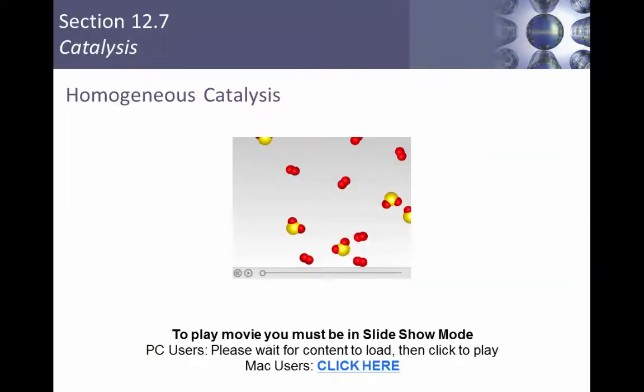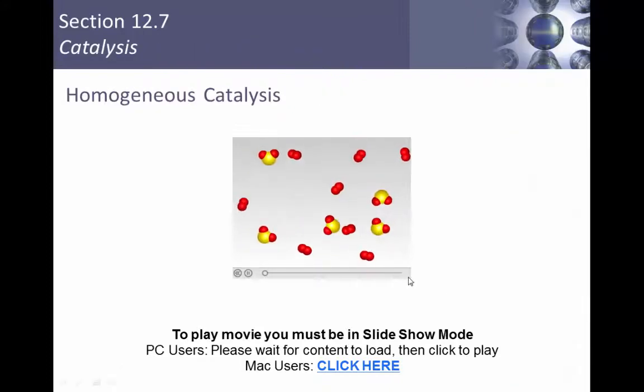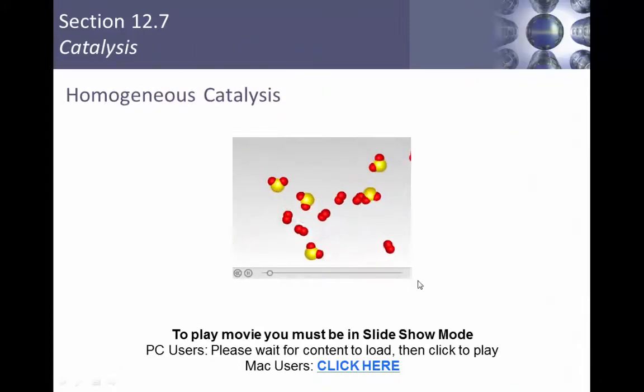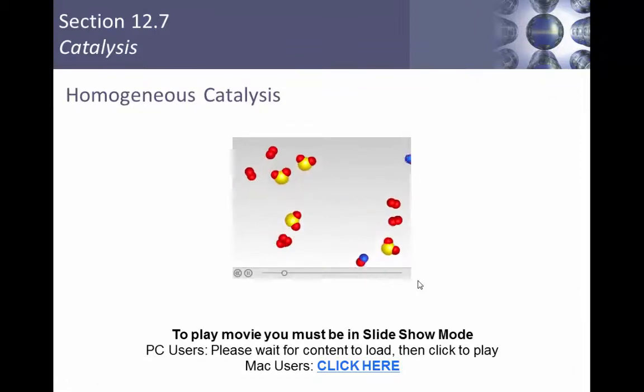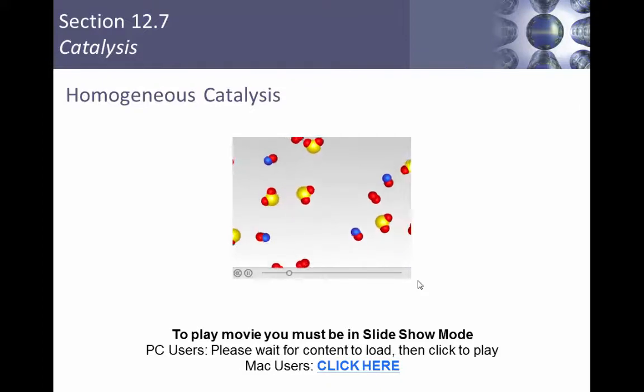And so here's a visual showing the catalyst and how it works. Reactant molecules are mixed in the gas phase. Yet some reactions will not proceed even when reactants collide. A catalyst can be introduced to provide a new pathway for reaction.